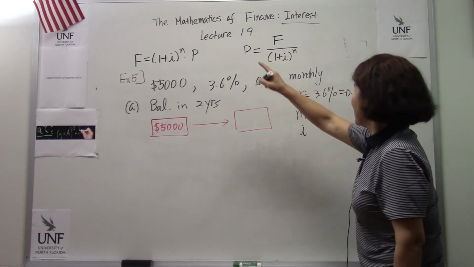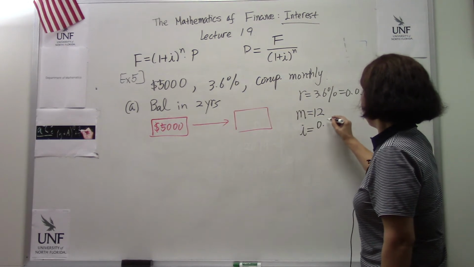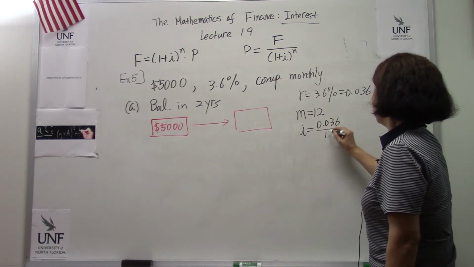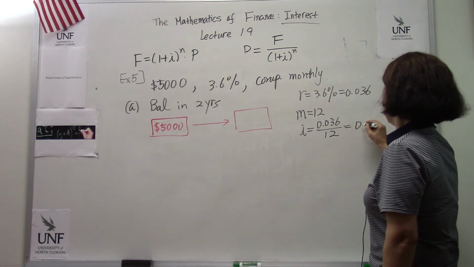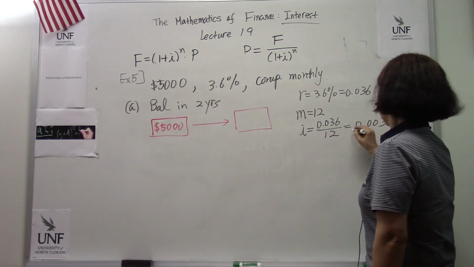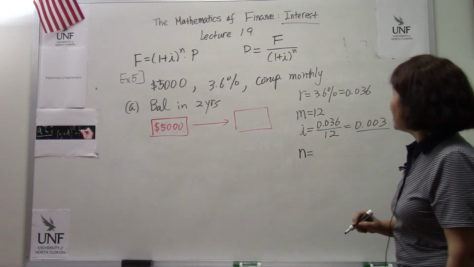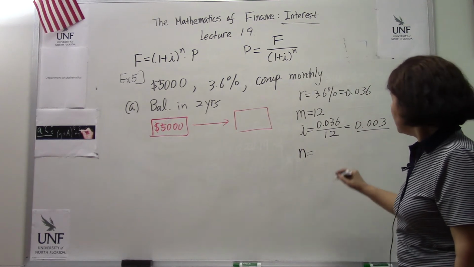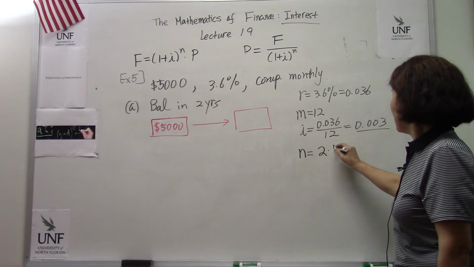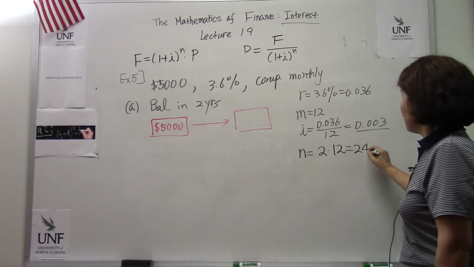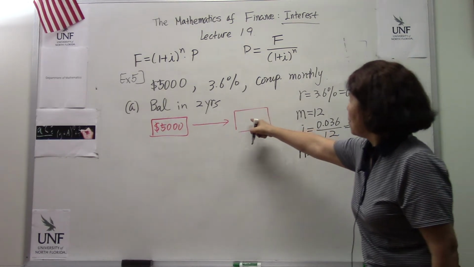We need I, correct? I is 0.036 divided by 12. That gives 0.003. This is I. What about N? N is in 2 years, so 2 years times 12, which is 24. So what goes in here?